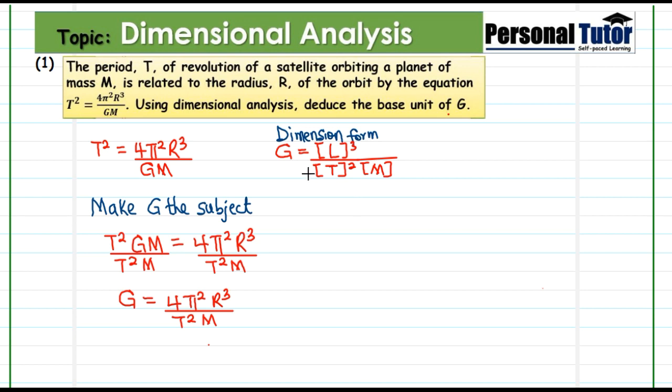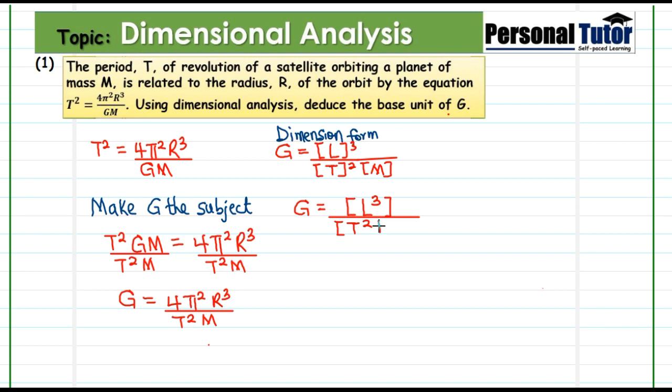We then have to work on this algebraically and solve where possible. Okay, so G would be equal to this. If it is expanded, that will amount to L to the power 3. The power will then be part of the dimension. All of this divided by the T will also be T squared.